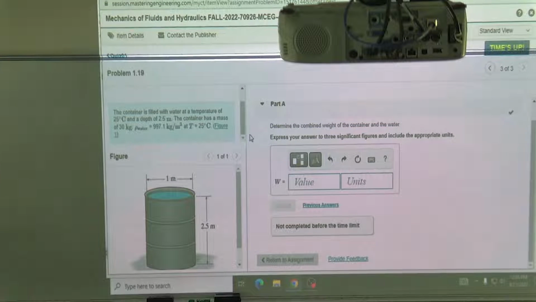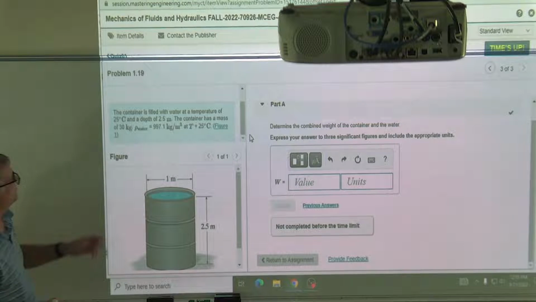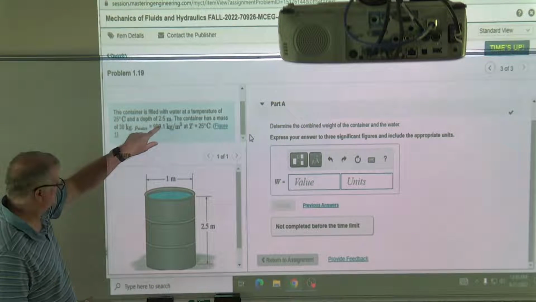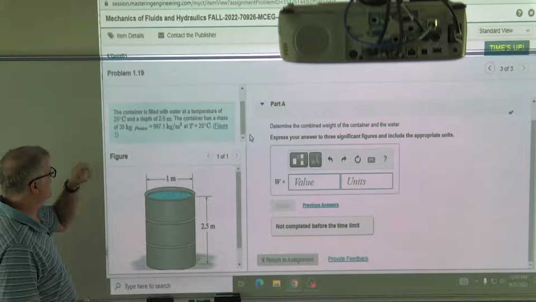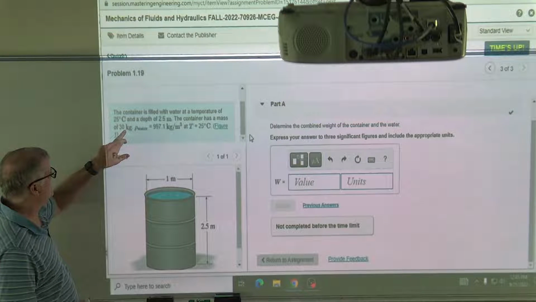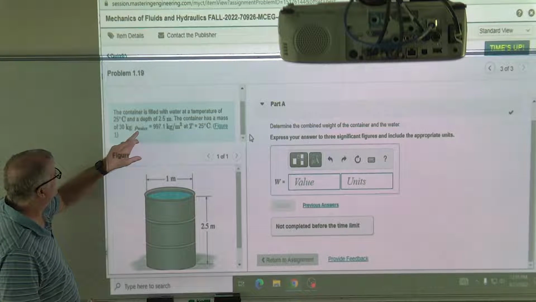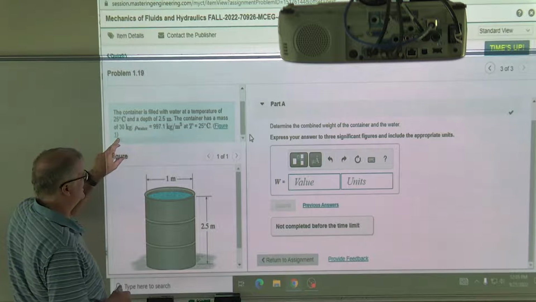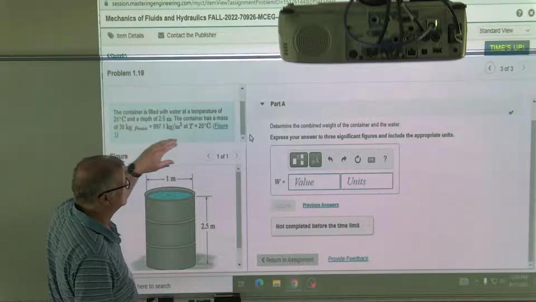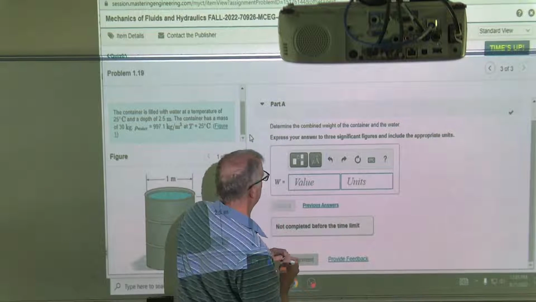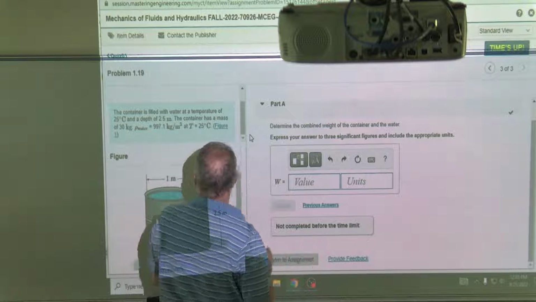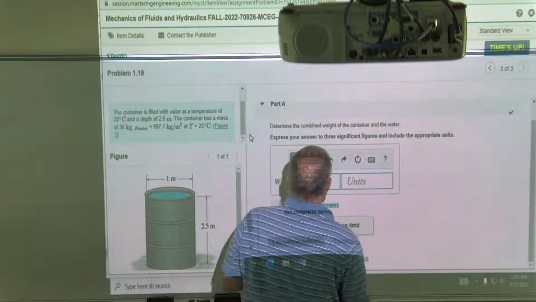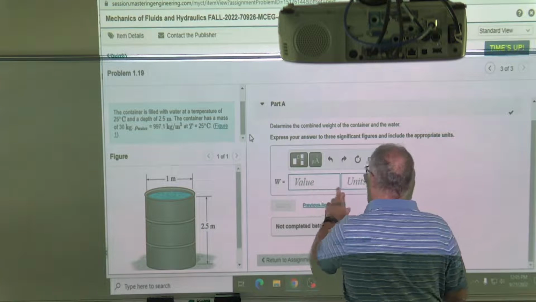So the container is filled with water at 25 degrees at a depth of 2.5. The container has a mass of 30. The density of water is that after 25 figure. So he says all that. Determine the combined weight of the container and the water.